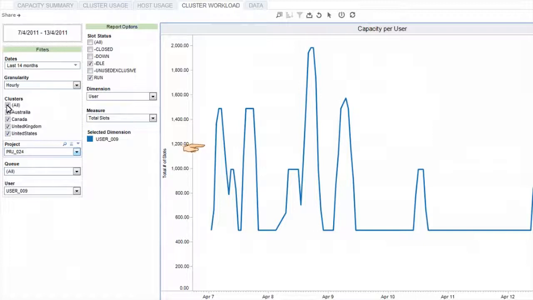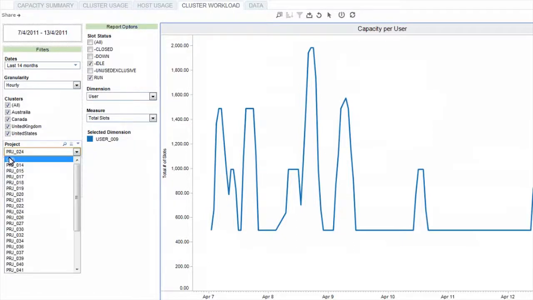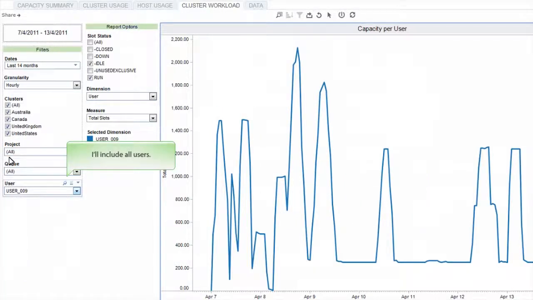I'll look at this single user's resource use across all projects. And now let's include all users.